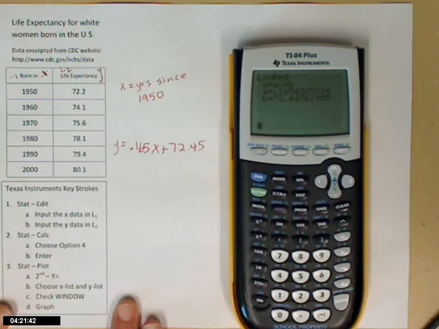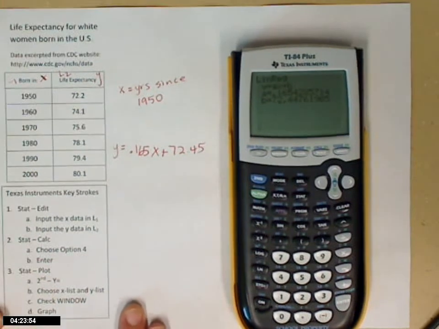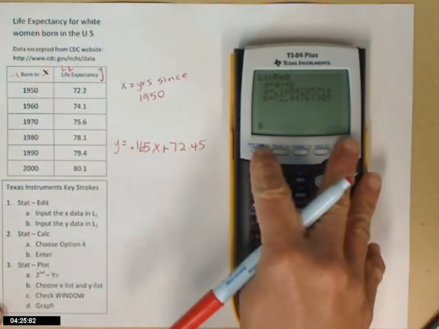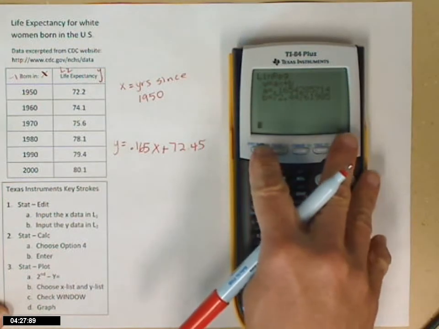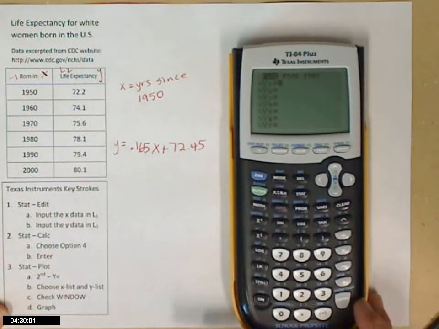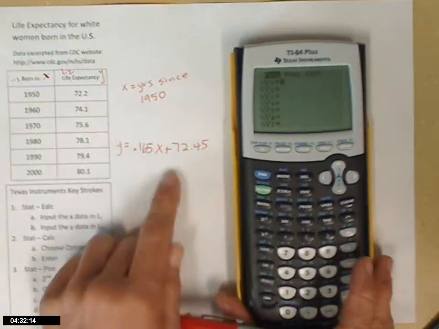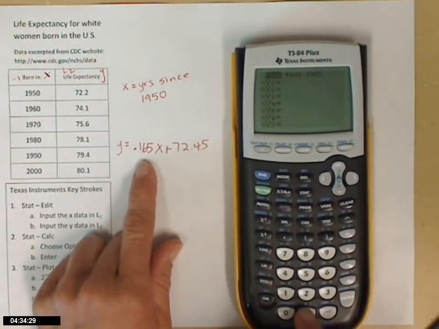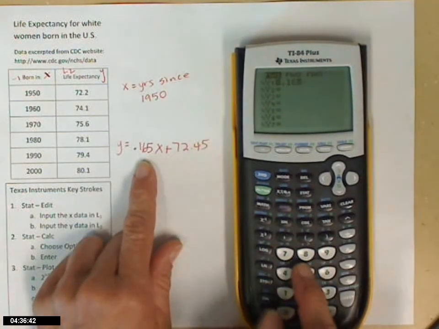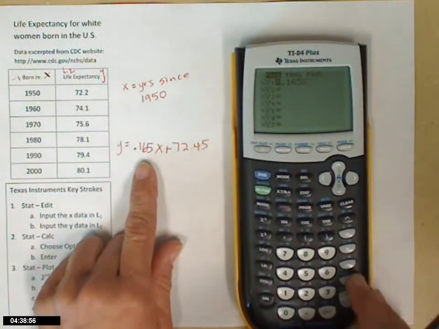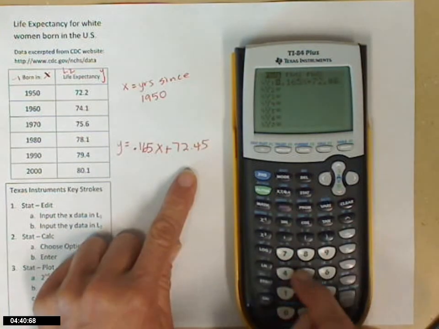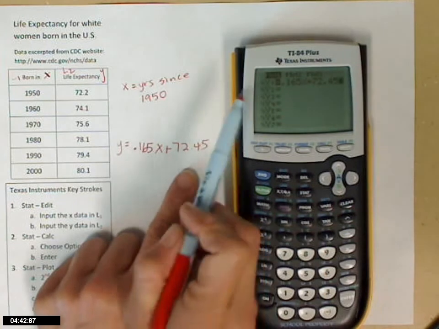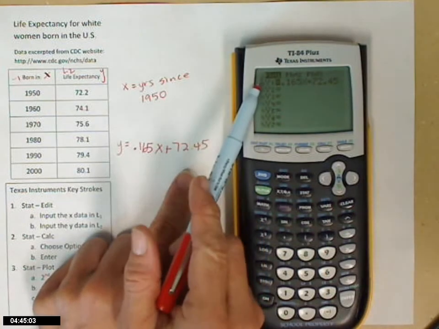Got a couple of minutes, so let's see what we can do with that. I know there's a faster way, I don't know it, but I can plot that equation of a line. So Y1 equals 0.165x plus 72.45. And then I'm also going to plot my data. So I'm going to go up here to Plot 1.